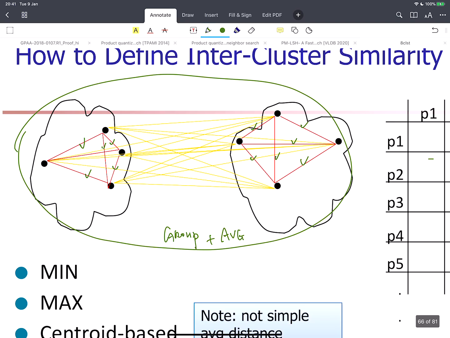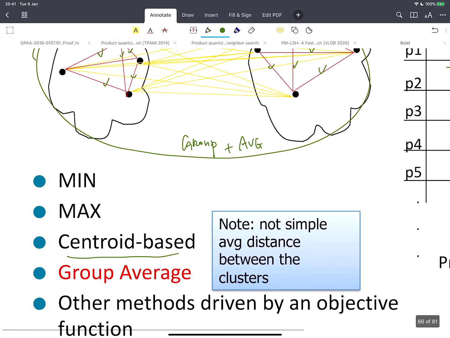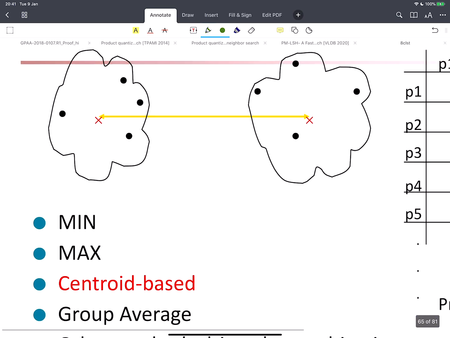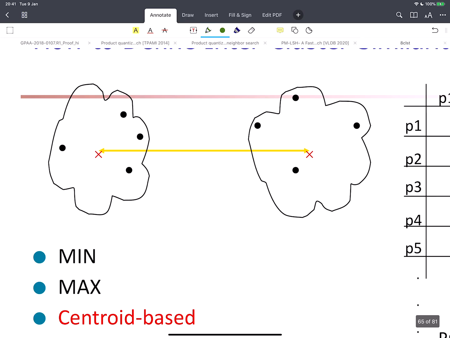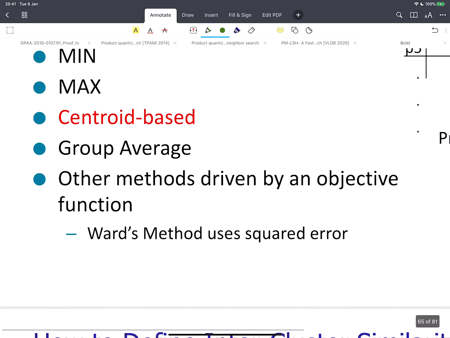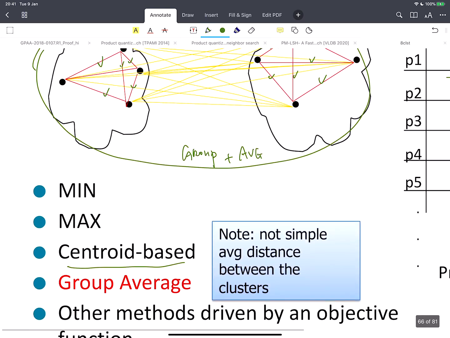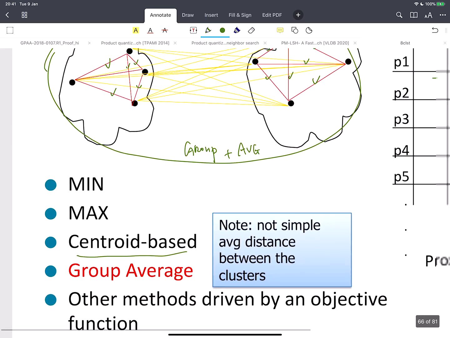That's the fix. And the centroid-based idea is very simple, very similar to k-means, in the sense that you compute some kind of representative of the two clusters and use their similarity or distance to characterize the distance of the two clusters. It turns out that under certain similarity functions and representations, essentially documents, the group average and the centroid-based are the same, but they are not always the same.